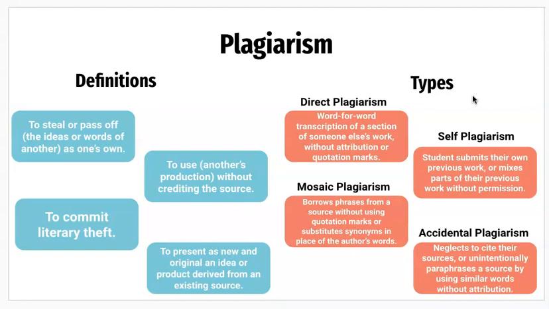And finally, sometimes we just fall into accidental plagiarism. This is where we neglect to cite our sources or unintentionally paraphrase a source by using similar words without giving credit or attribution. So sometimes we just forget to do it, or we're trying to get away with it without adding quotation marks and attribution. That's still plagiarism. You're still taking someone else's work.